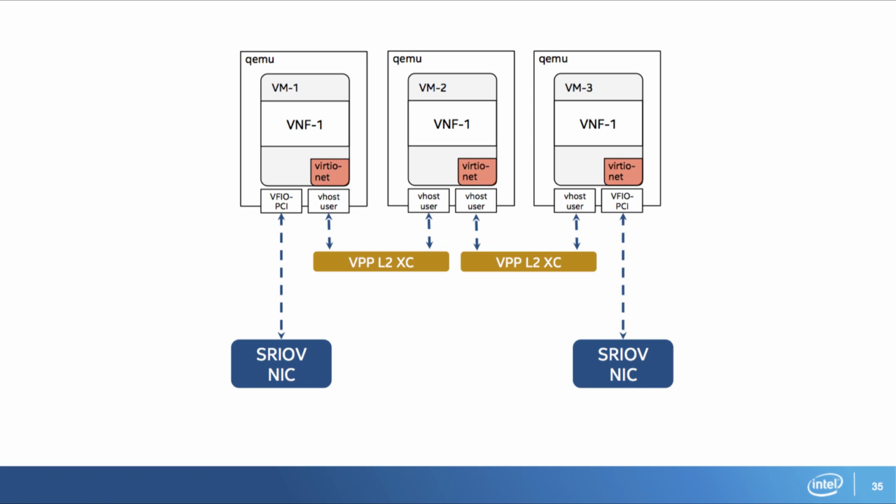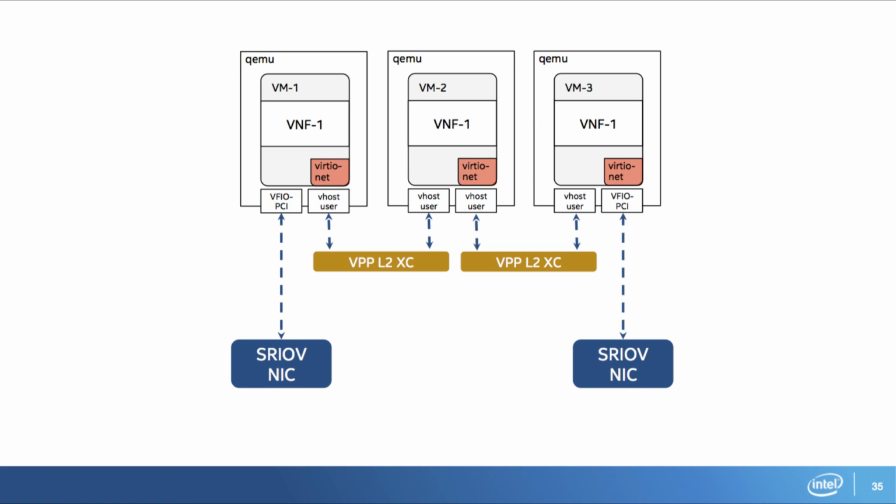Packets can be processed using the kernel network stack inside the virtual machine, if you need an application that needs the kernel stack. So inside the guest, you can see two regular network interfaces. One is for the SRIOV NIC, and the other is for the vhost user.